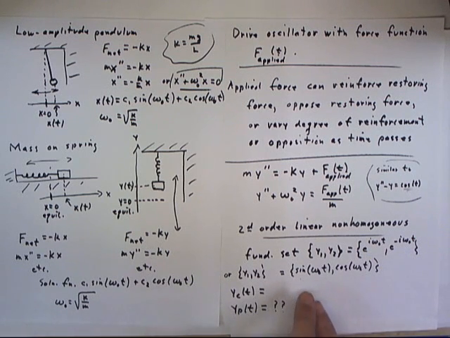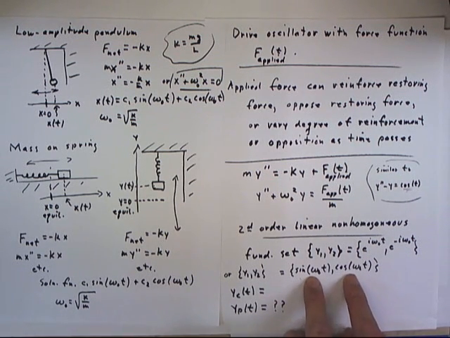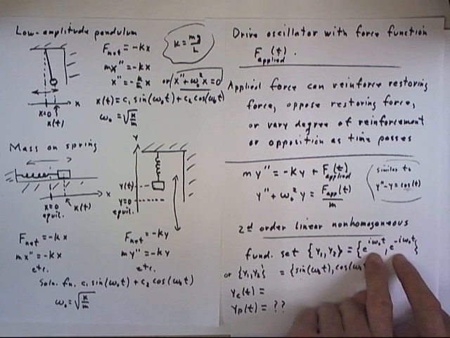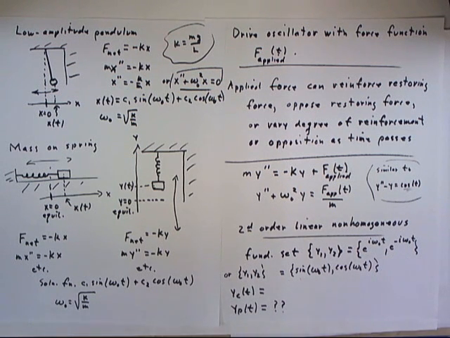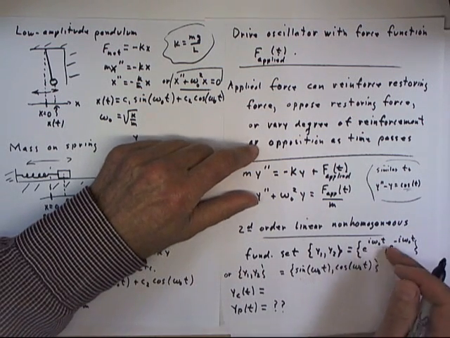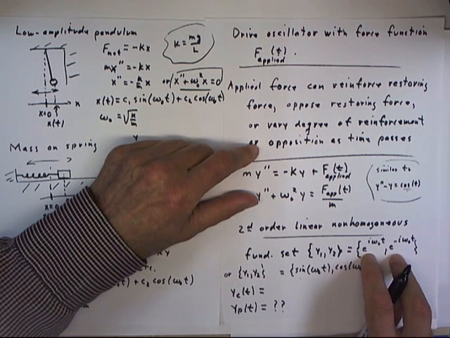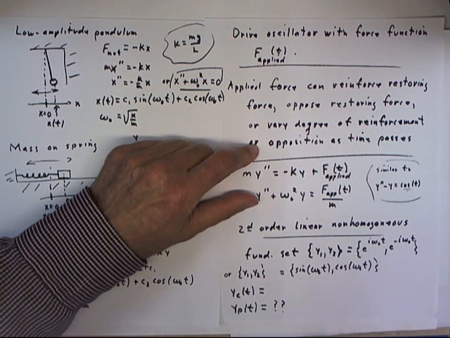That leads to the conclusion that this solution set works just as well as this solution set, where this one doesn't involve imaginary parts or imaginary numbers. The real and imaginary parts of the solutions we get from this set will each be solutions to the equation, and the solution will always have this form.